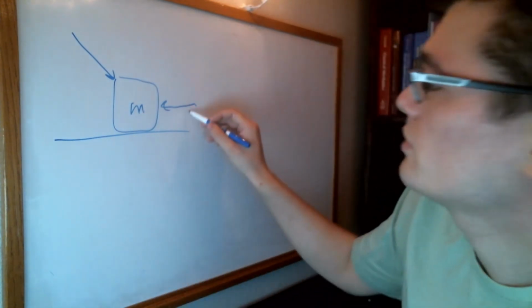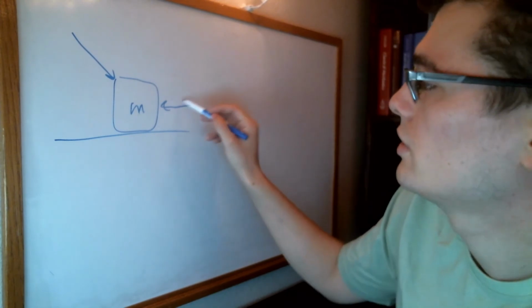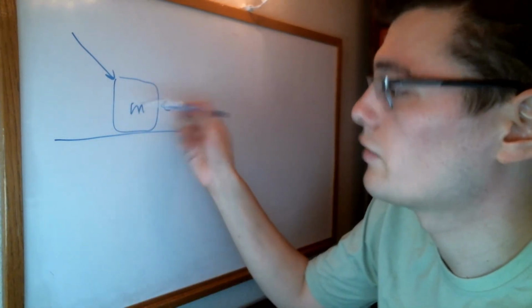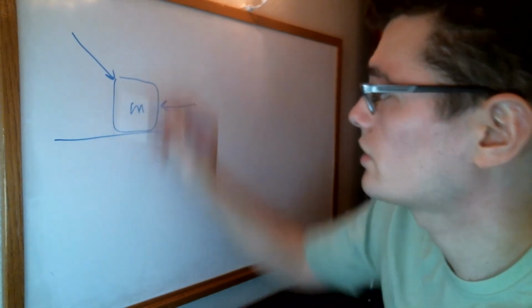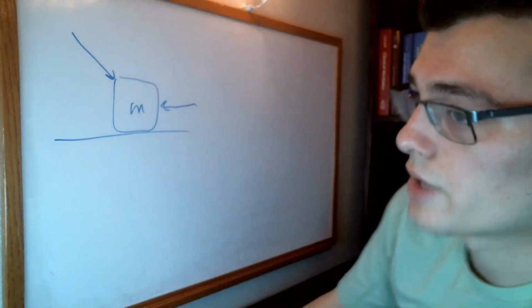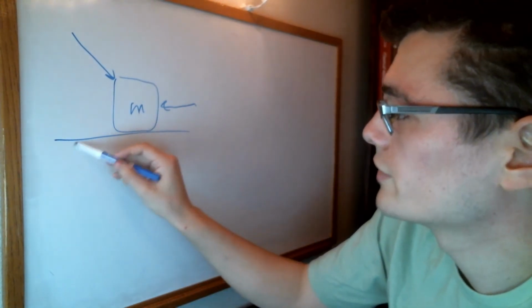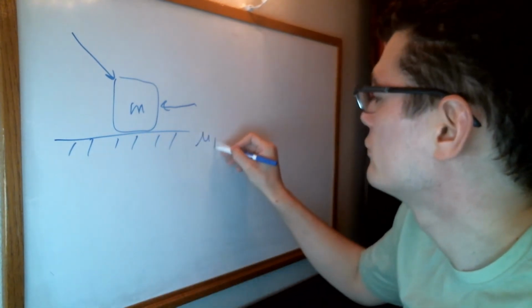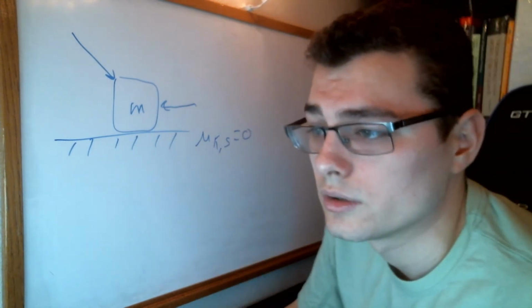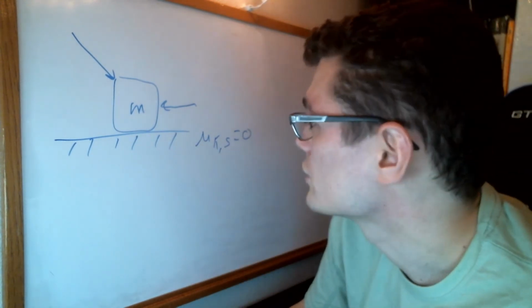For this one, it's not going to have a y component. It's only going to be in the negative x direction. This one is going to have one in the positive x direction and one in the negative y direction. And this surface is assumed to be frictionless, so mu k and s equal 0. We don't have to worry about friction at this point.